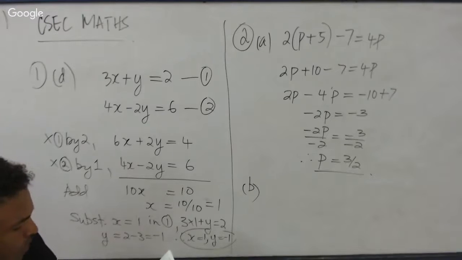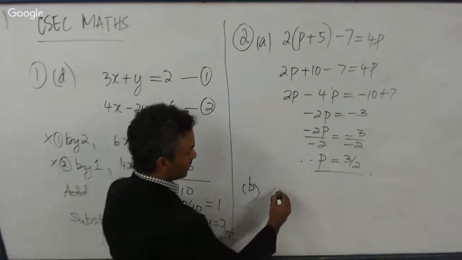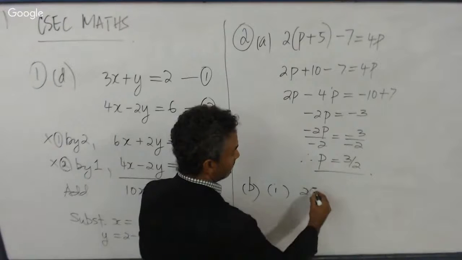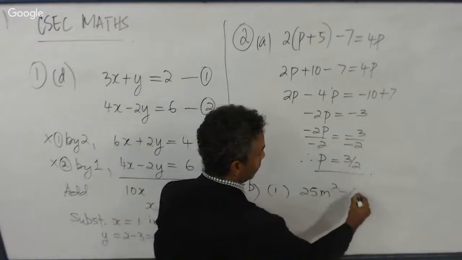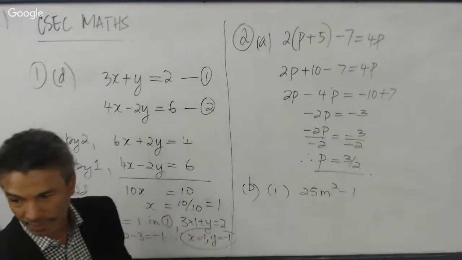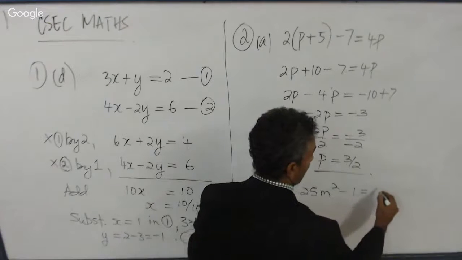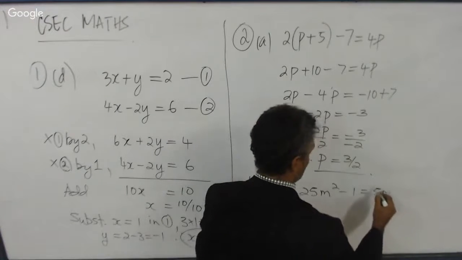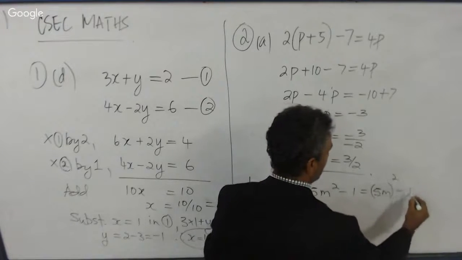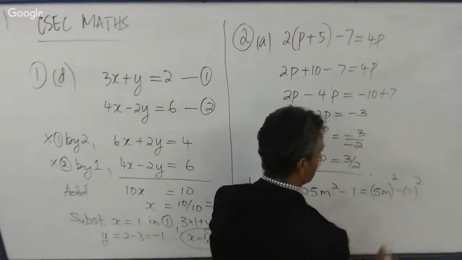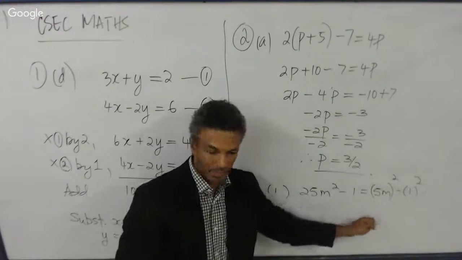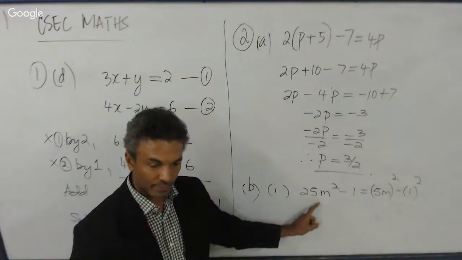2B, part 1. Factorize 25m squared minus 1. This is another difference of two squares. This is the same as 5m all squared minus 1 squared. You don't have to include a step. This is a perfect square, 5m all squared.